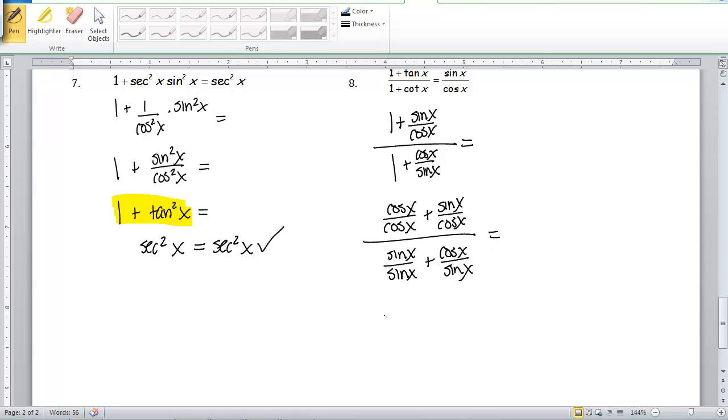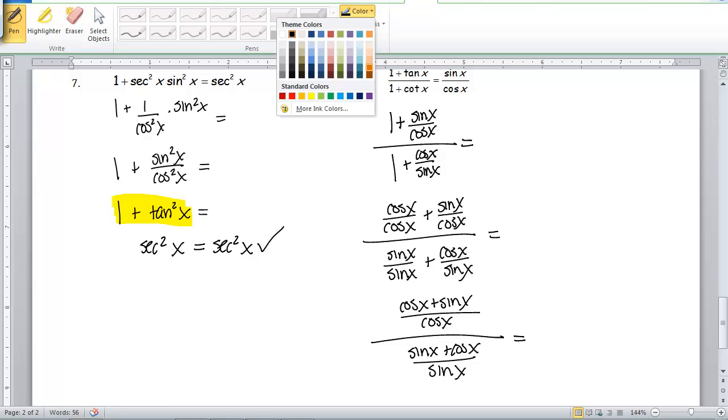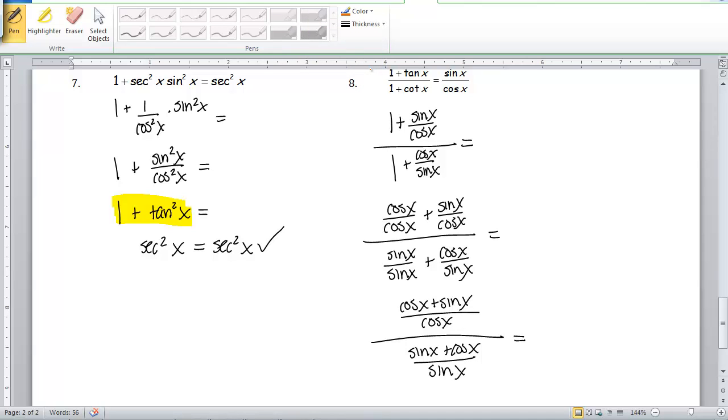Now, if I combine the numerator fractions and combine the denominator fractions, I have cosine plus sine divided by cosine, and I have sine plus cosine divided by sine. At this point, we can get rid of the fraction within a fraction. Remember, that means you're going to multiply top and bottom, the numerator and the denominator, by the reciprocal of your denominator.